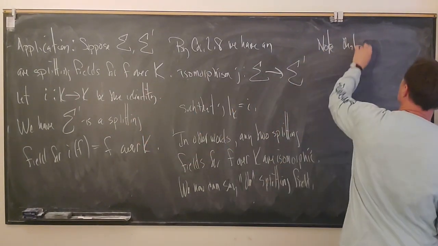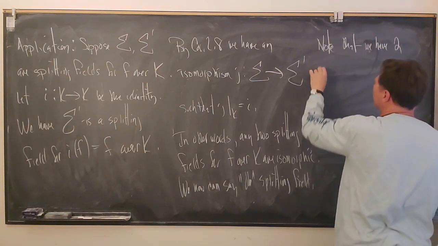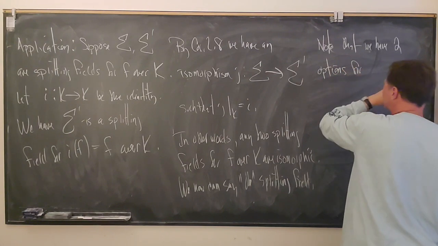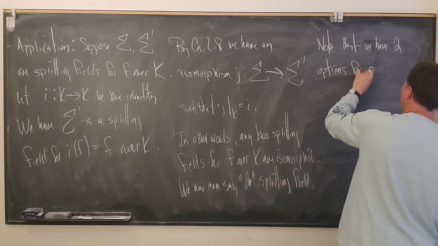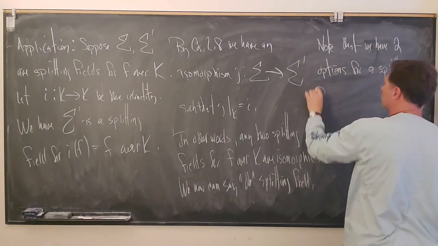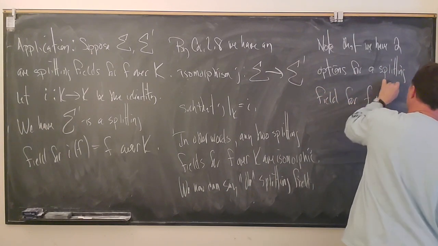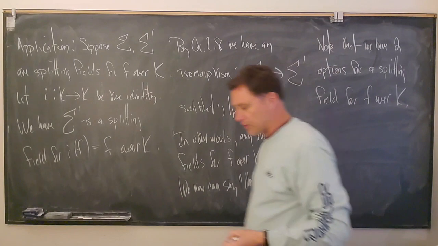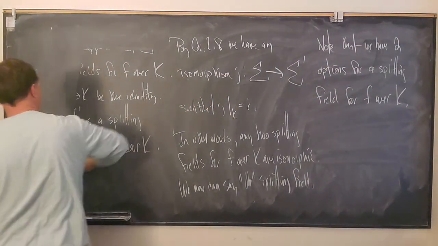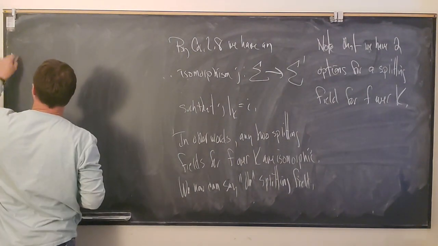Now we have two options for a splitting field for f over k, and it depends on two different situations. So this is option one.